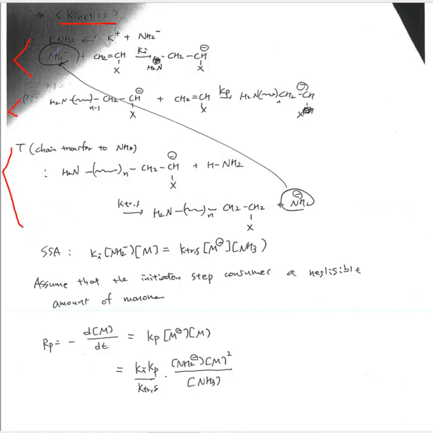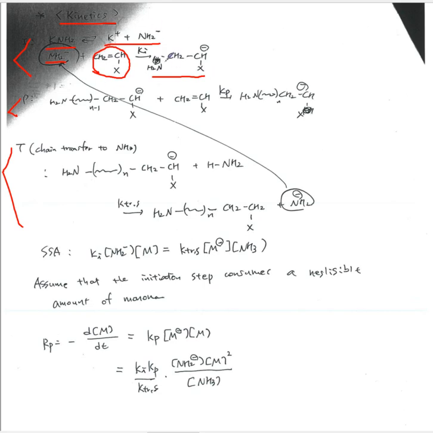Okay, so we are only considering the strong base, the amide, potassium amide, in liquid ammonia. The first reaction is the reversible one forming K plus and NH2 minus. And this NH2 minus reacts with monomer, forming the anion active center.